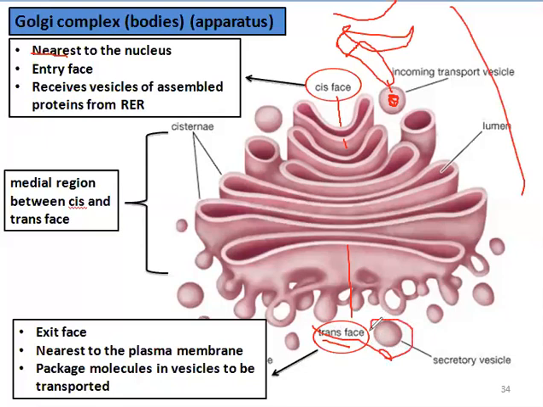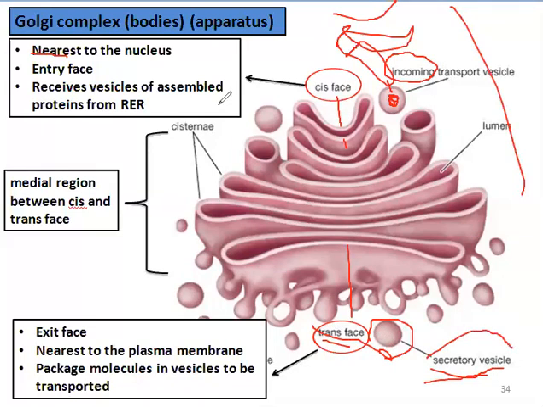The vesicle that exits the Golgi from the trans phase is called a secretory vesicle. So the vesicles are of two types according to their mode of transport: incoming ones coming from the ER to the cis phase to reach the Golgi, and those leaving the Golgi from the trans phase, which are called secretory vesicles.